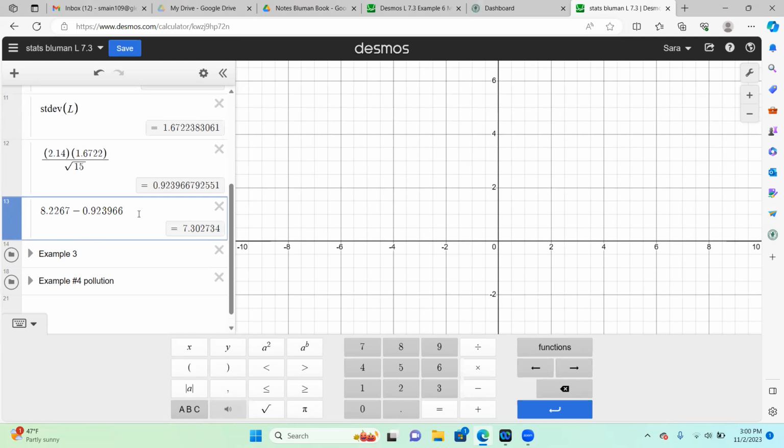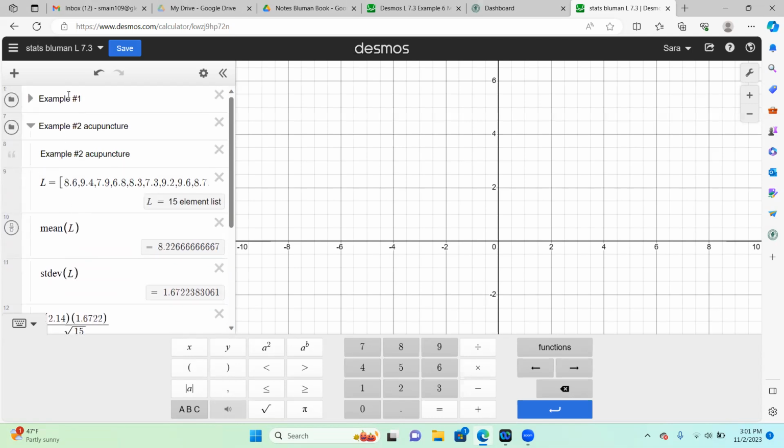And so that's my lower bound, 7.3. And then I'm going to add it. My lower bound was 7.3 and my upper bound is 9.15.